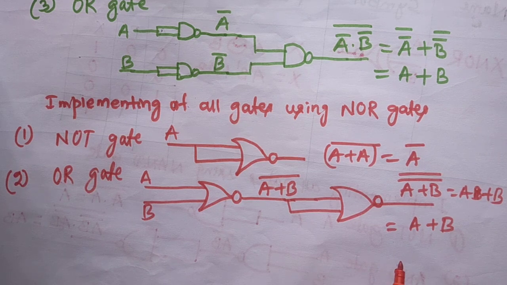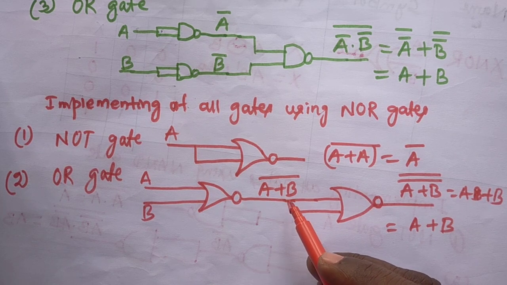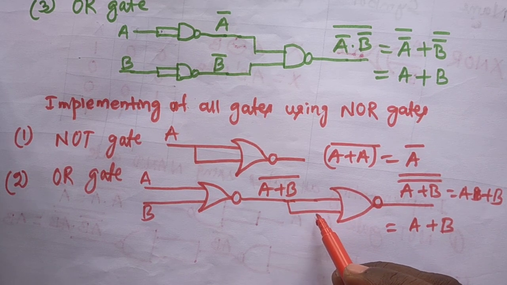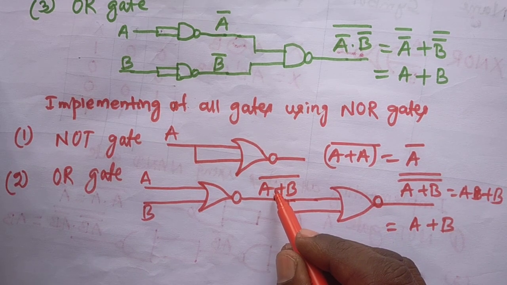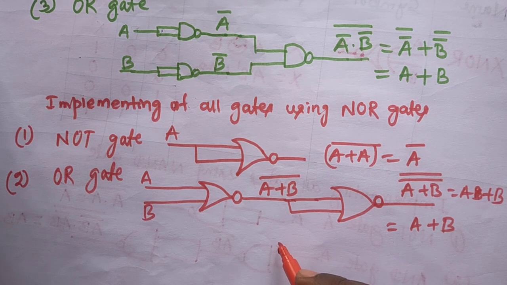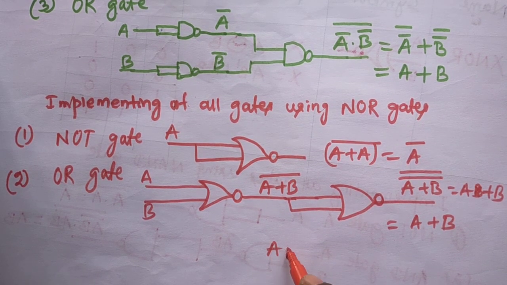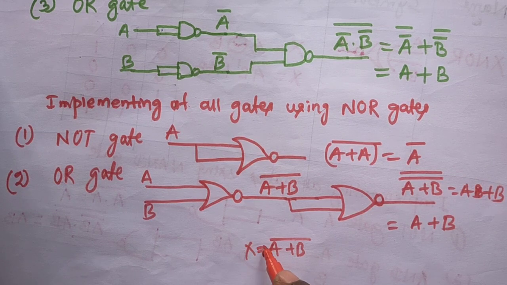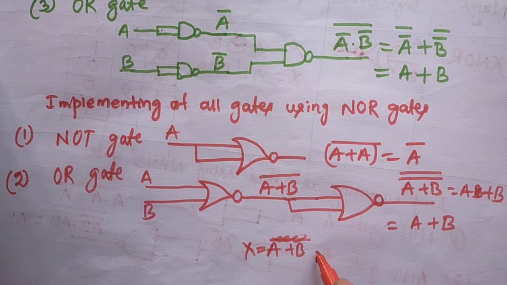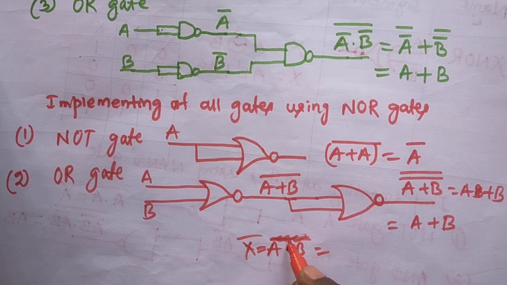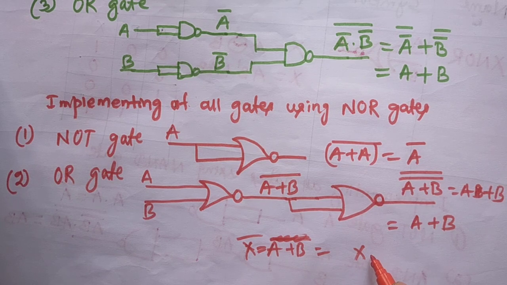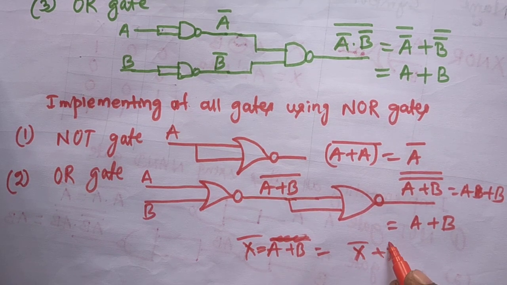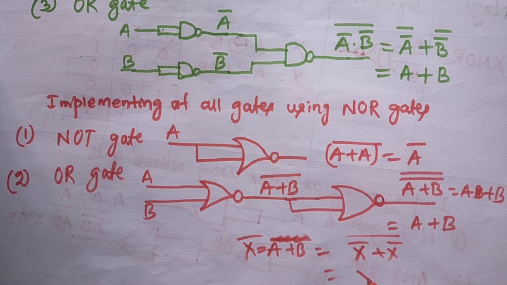Why? Because here you see A plus B complement one part, another is A plus B complement another part. Suppose A plus B is X, so X complement means A plus B complement. Here whenever go through here, what happens, X complement plus X complement whole complement, that means X complement whole complement.